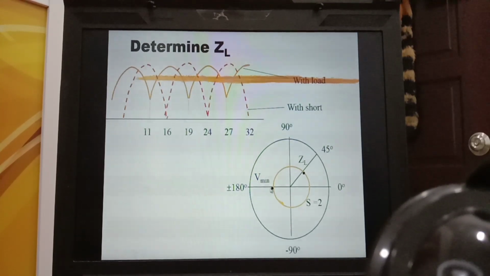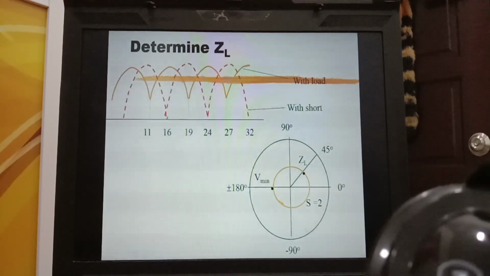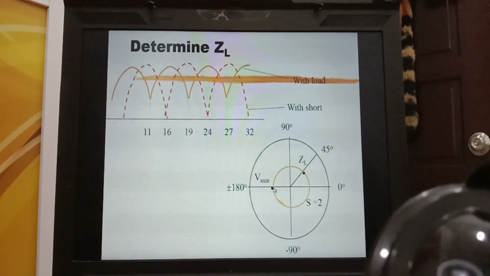If this point represents V min, the location of minimum voltage, we need to move 5 cm towards load. Towards load means we move counterclockwise on this constant mismatch circle.